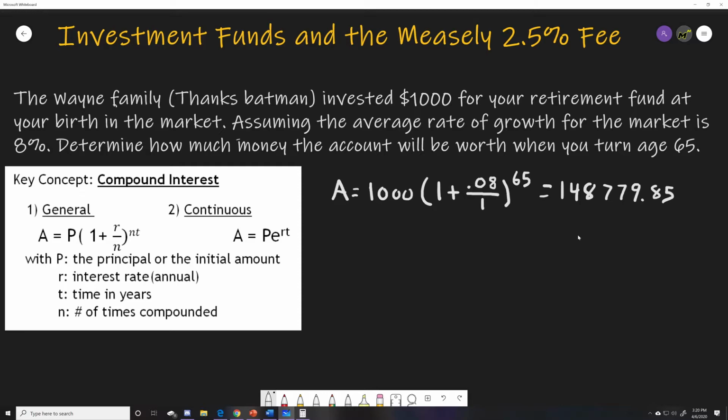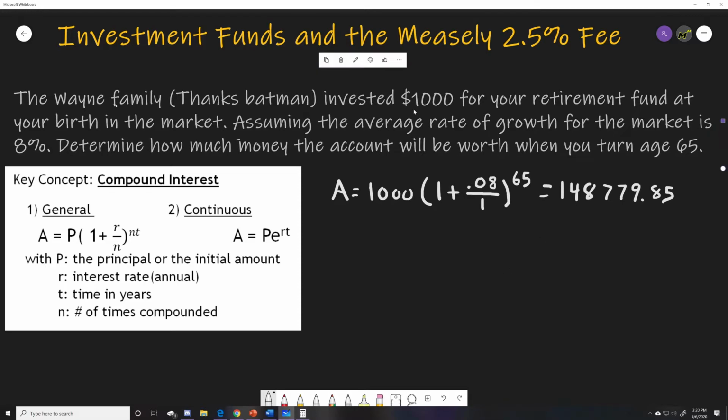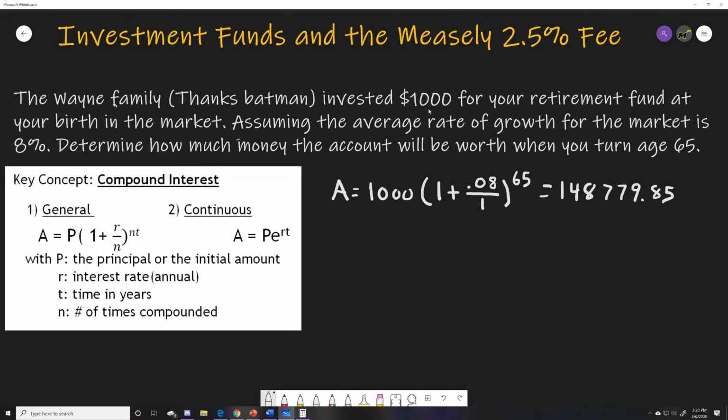Okay. Well, this is not a bad return. We have $1,000 that was given to us. It stayed in the retirement fund, and we almost have $150,000. Even if things weren't perfect, let's say maybe $140,000 if we round down a little.